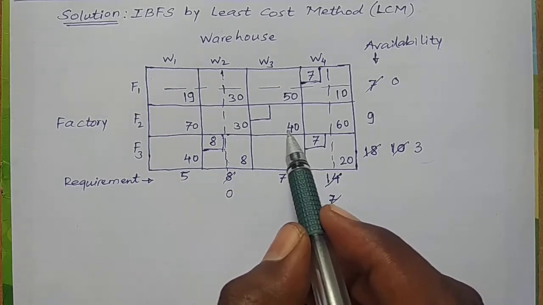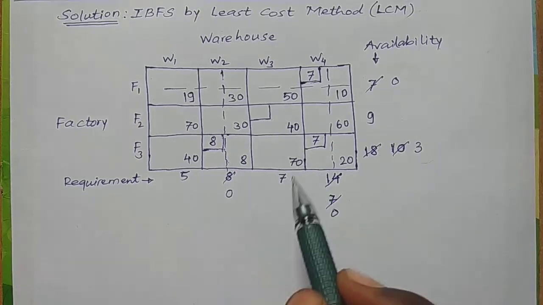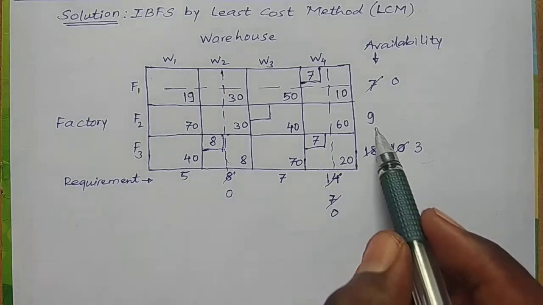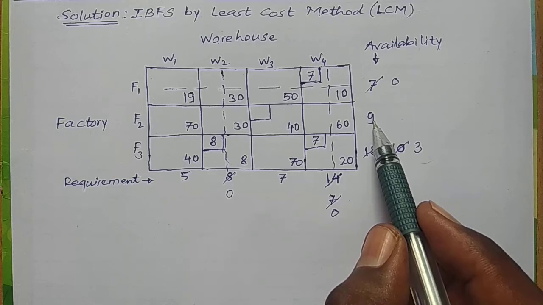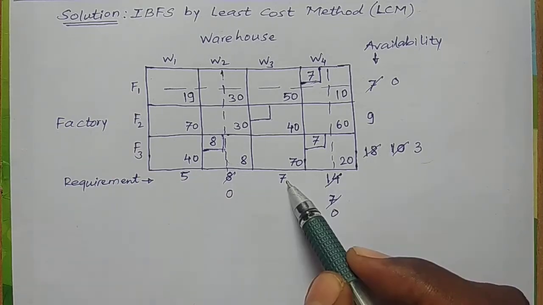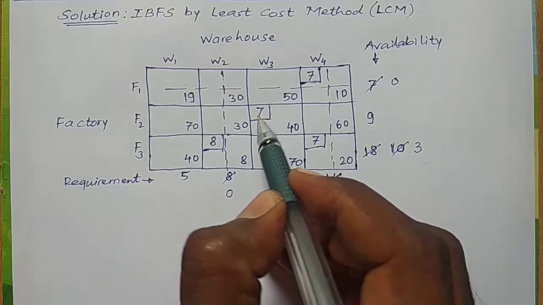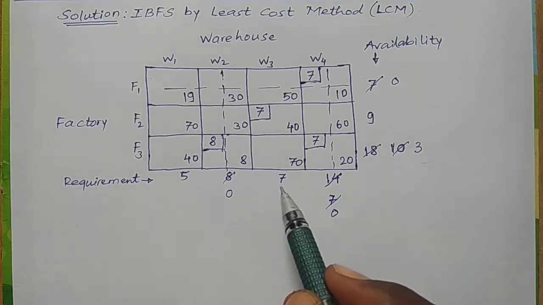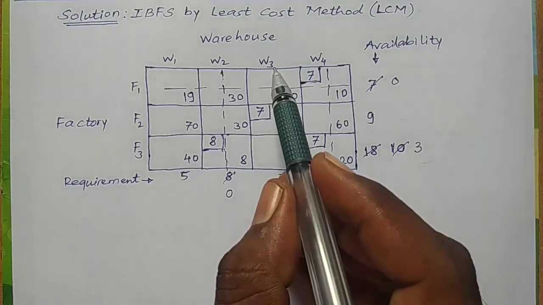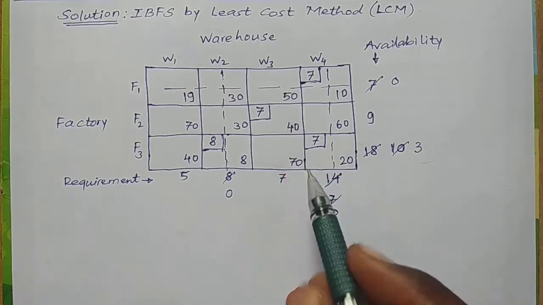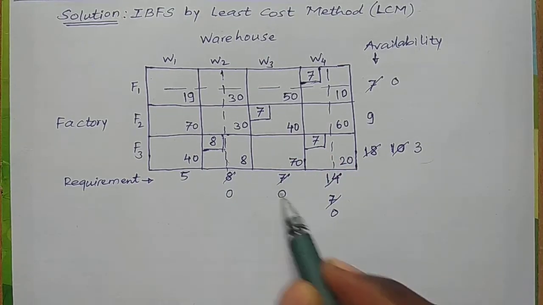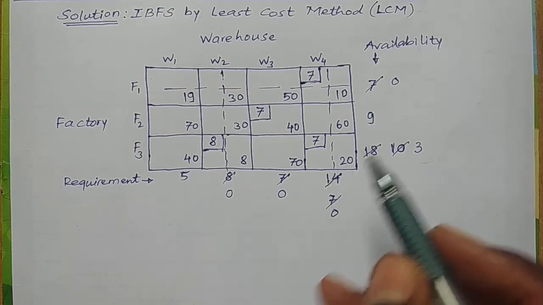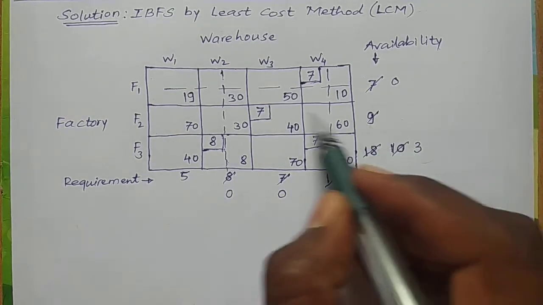Now if I select this cost for allocation, what is the requirement here and what is the availability? Whichever is smaller, let us allocate that quantity here. That means we can give 7 units for warehouse W3. Now its requirement is fulfilled and availability is reduced by 7.